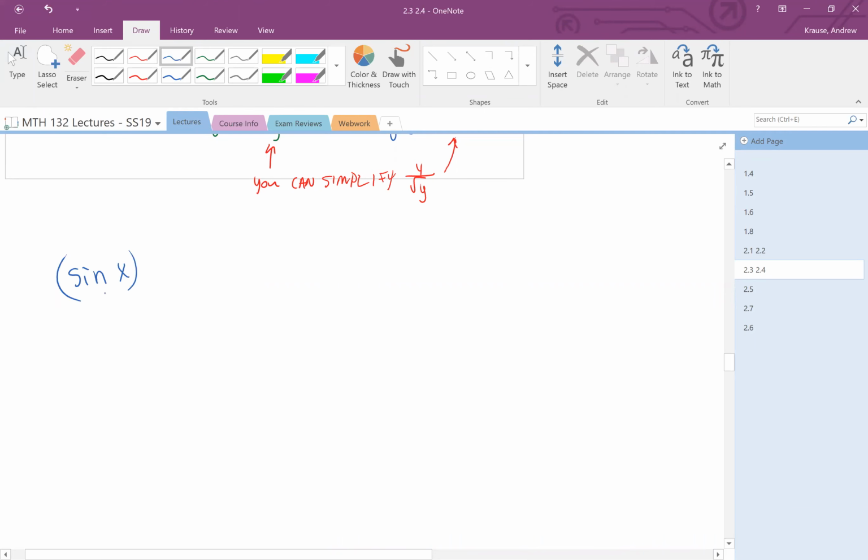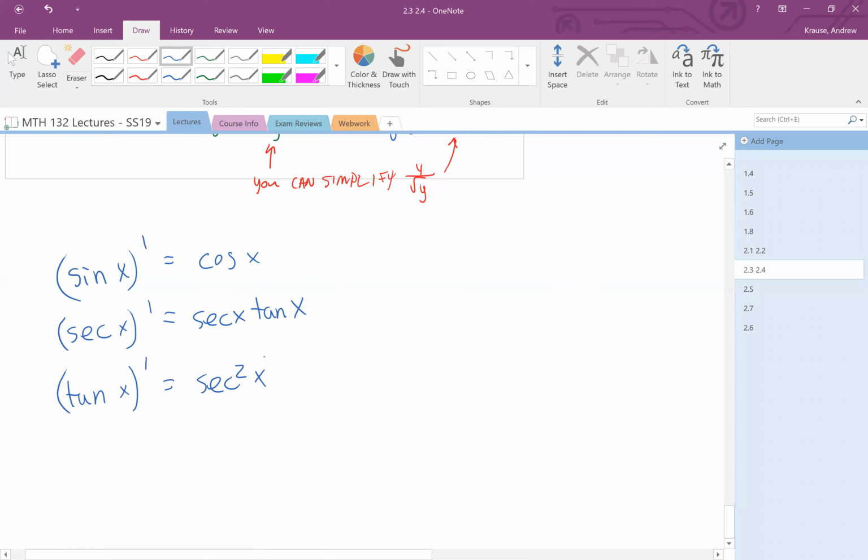Let's do sine, secant, and tangent. Derivative of sine is cosine. Derivative of secant is secant tangent. And derivative of tangent is secant squared.